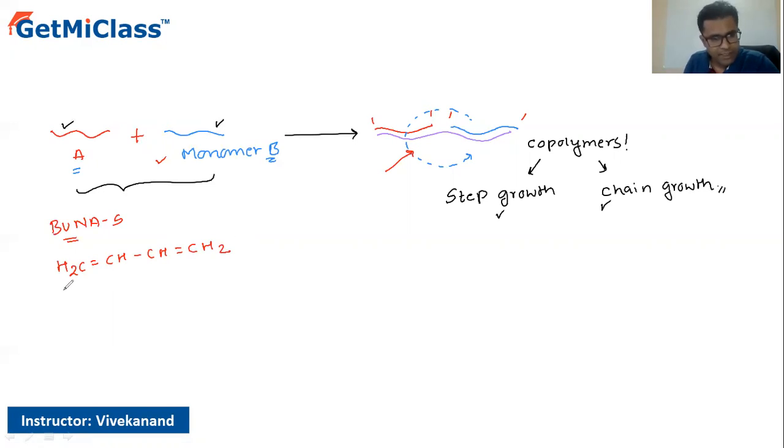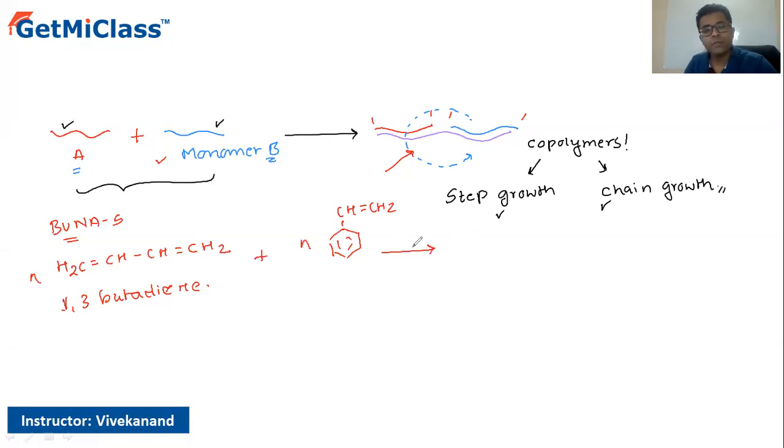So this is 1,3-butadiene, right? Now, when n number of 1,3-butadiene molecules are going to get polymerized with the styrene molecule. Now, the styrene molecule is nothing more than an aromatic benzene system connected to CH=CH2, right?